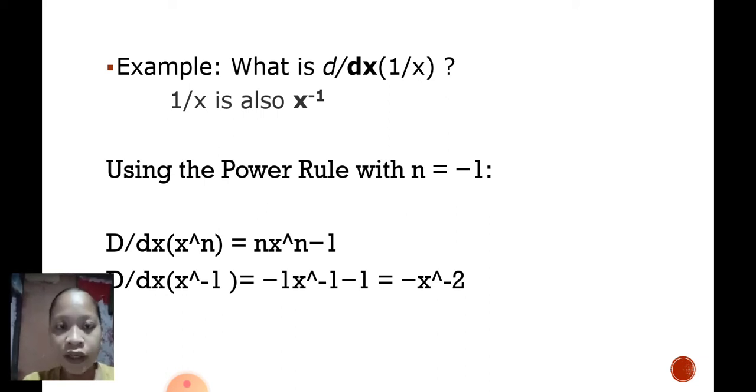So d over dx of x to the power of negative 1 is equal to negative 1 times x to the power of negative 1 minus 1, which is negative x to the power of negative 2, because negative 1 minus 1 is equal to negative 2.